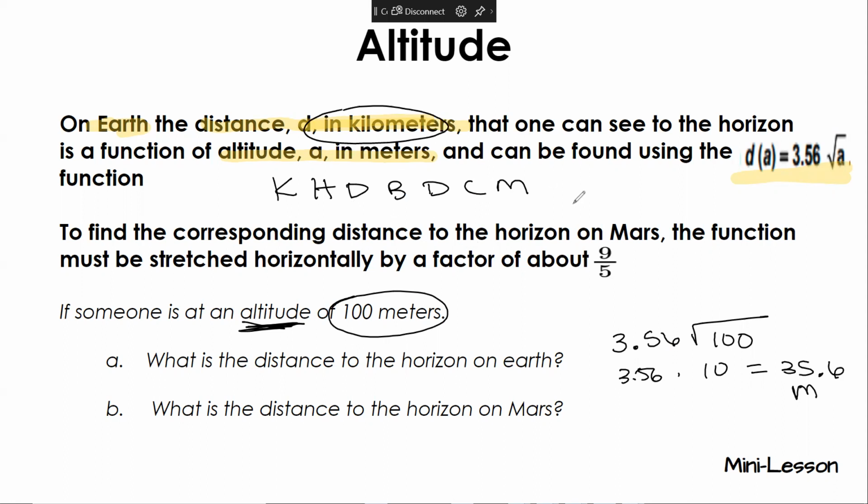Dang. Okay, so what you'll do is we'll start with meters. We want to move to kilometers. So we want to move over 1, 2, 3. So we're going to take the decimal point and move it over 1, 2, 3. So our final answer will be 0.0356 kilometers.